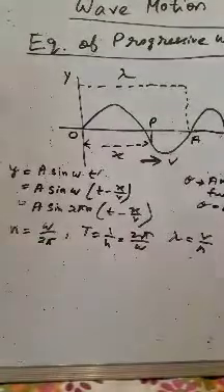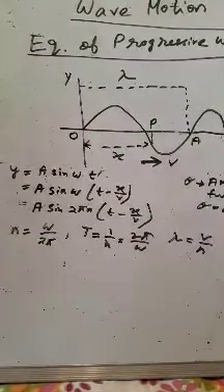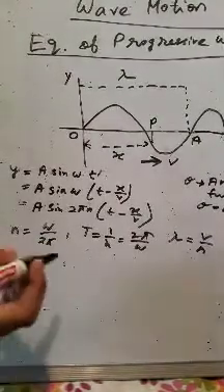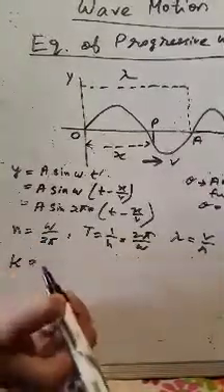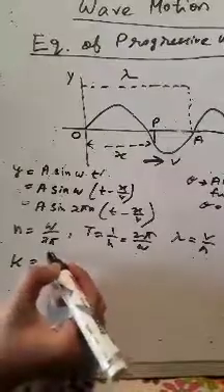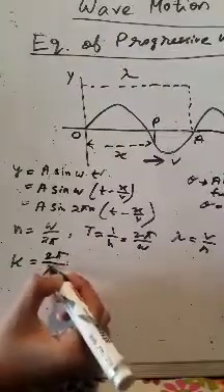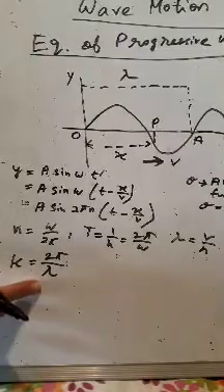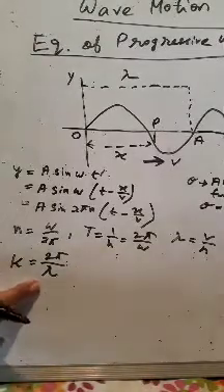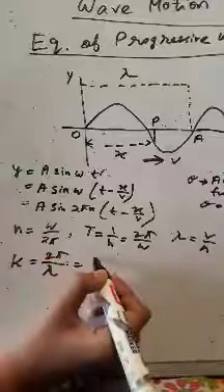The angular wave number, that is k, that we have seen in our previous classes, can be expressed by 2 pi by lambda. Now you can put the value of lambda in this equation and we get the value of k as omega by v.